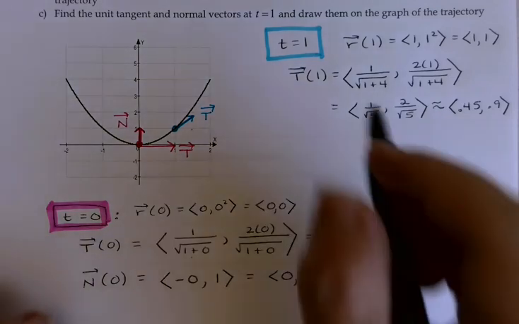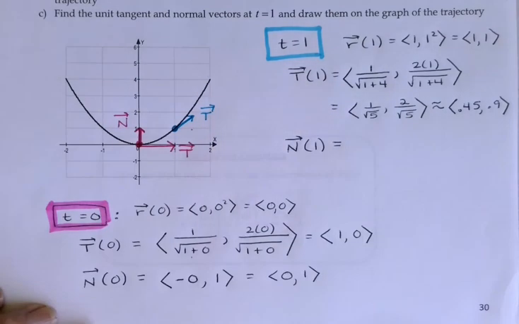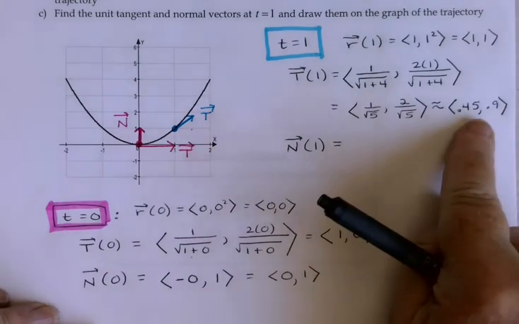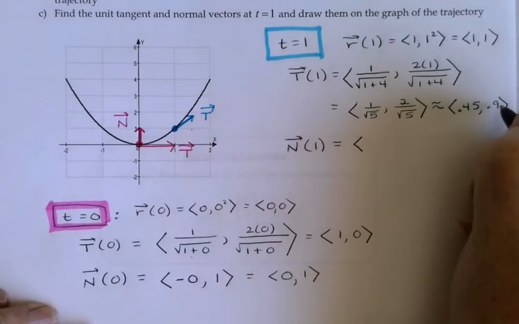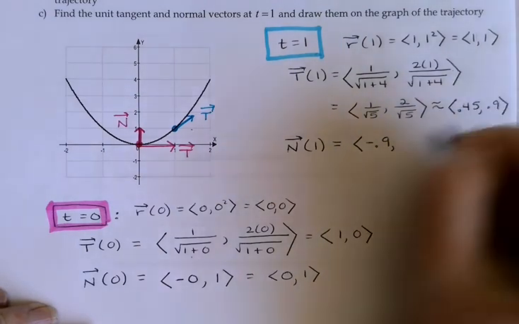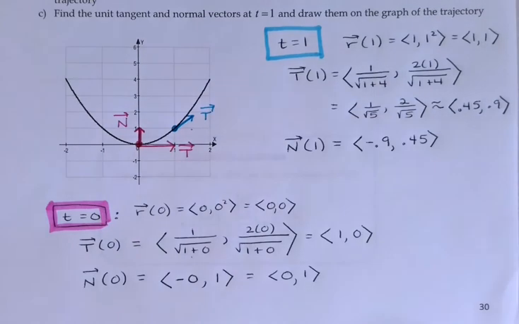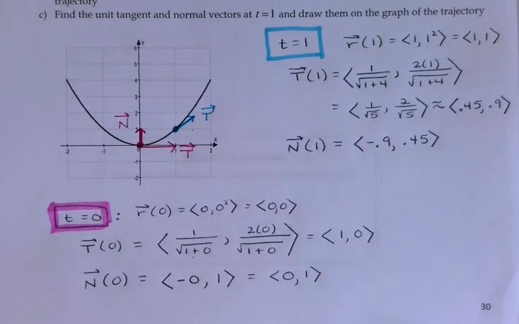What about n of 1? Again, I can actually plug in, or I can use the little trick. The x will be a negative 0.9 now, and the y will stay positive 0.45. And I'm going to apologize in advance for this one. Unfortunately, I've given us a non-square grid, so the perpendicularity that we're supposed to see, we're probably not going to see as well as we should, but we'll give ourselves the benefit of the doubt here.